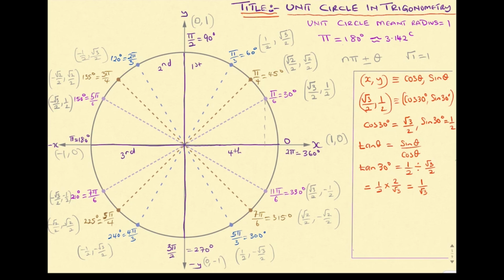In maths, we cannot leave 1 over root 3 because root 3 in the denominator has to be rationalized. So we have to multiply both top and bottom by root 3. That will be equal to root 3 over root 3 times 1 over root 3, which is root 3 over 3. So therefore, tan of 30 degrees is root 3 over 3.